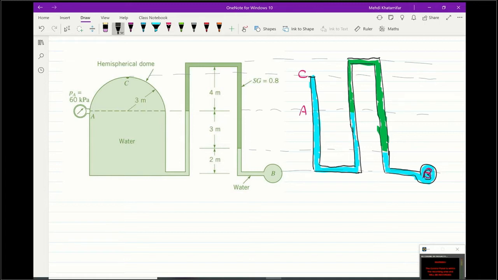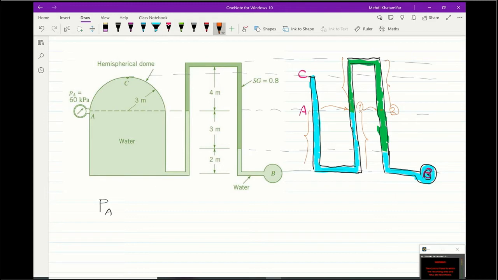I'm going to start from point A because I have the pressure, so why not start there? If I start from C, there's nothing there, so I don't know. So the pressure at point A, I'm going to start here. Same liquid, same height, I jump to point 1. Same liquid, same height, jump to point 2.